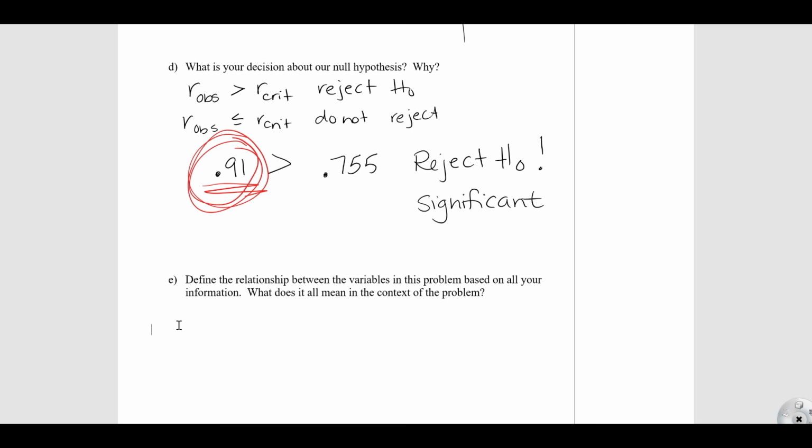Finally, define the relationship between the variables in this problem based on all your information. What does it all mean in the context of the problem? So we're going to start getting into how we officially write up our results. This will show you very briefly. We were doing this analysis to see if there was a relationship between students' math scores and spelling scores.